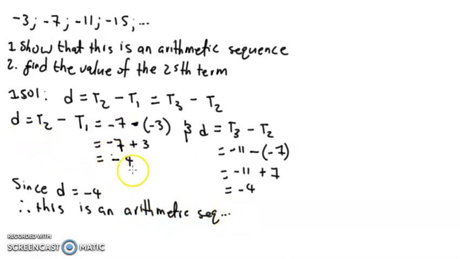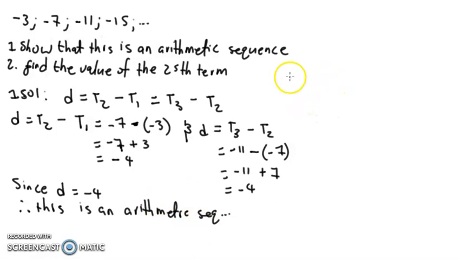If d was not the same, let's say, suppose we have d is equal to negative 4 here, and here we have d is equal to negative 7 or negative 8, then that would prove that this is not an arithmetic sequence. But in this case, we have d is equal to negative 4, and we also have d is equal to negative 4. So this indeed is an arithmetic sequence.